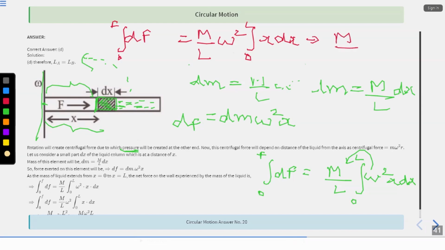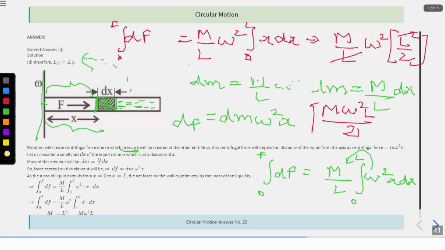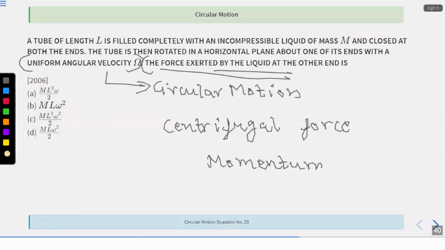So that will be m by L omega square L square by 2, because the lower limit will be 0, it'll get cancelled, since anything you multiply with 0 will be 0. So again, you will cancel this and this, and you'll get m omega square L by 2 as your answer. And that would be our option D.